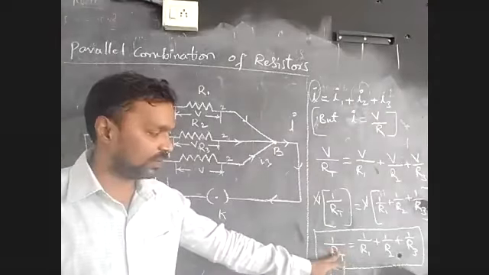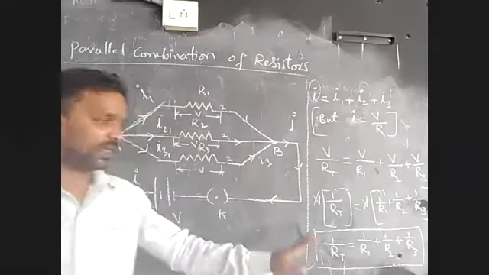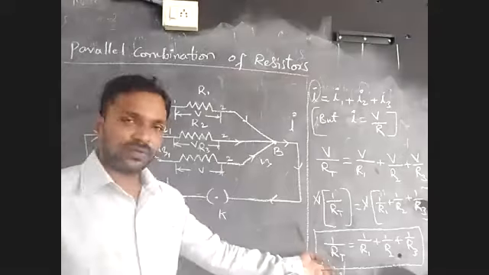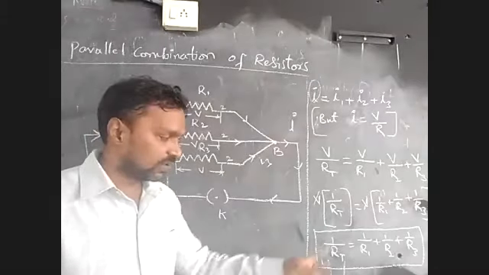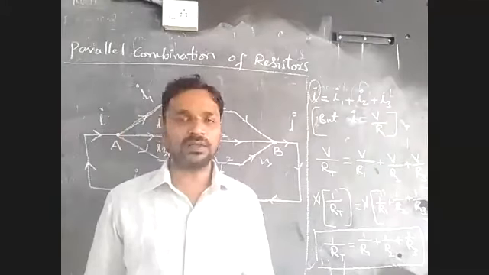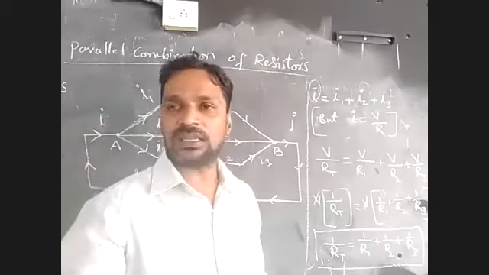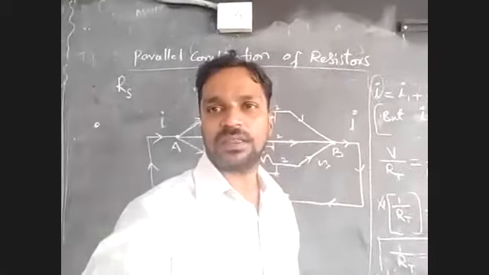Up to here only we have in the textbook. If you simplify, you will get some other formula. Remember, in series you write RS, where RS means resultant resistance in series combination, R suffix S, to avoid confusion.